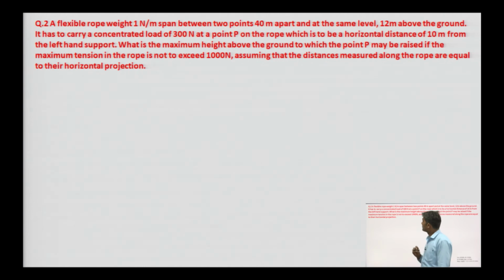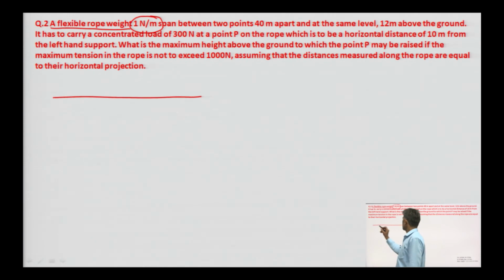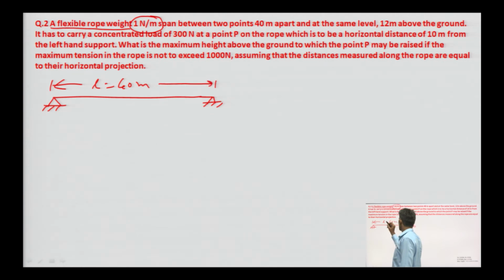In the next question, what is given? A flexible rope weighing 1 Newton per meter spans between 2 points 40 meter apart. Means the horizontal distance between the cable is given to us, L is equal to 40 meter, and at the same level.